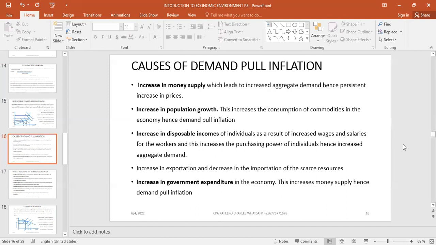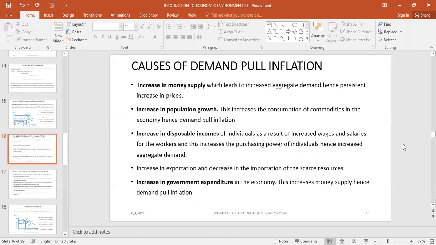The other thing we can talk about is an increase in the disposable income of individuals. Disposable income is that money that someone remains with after they have made the statutory and non-statutory deductions.